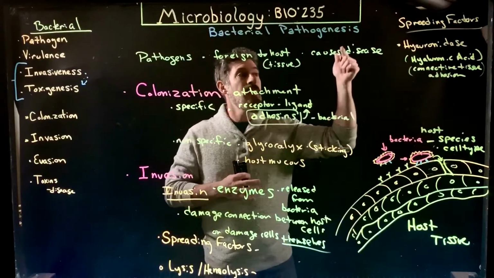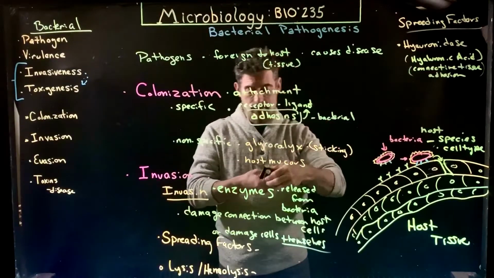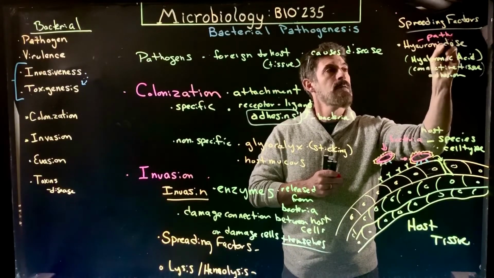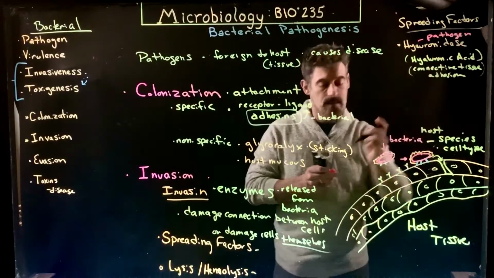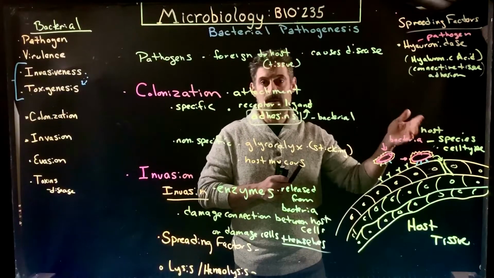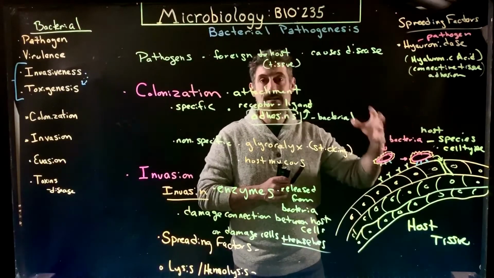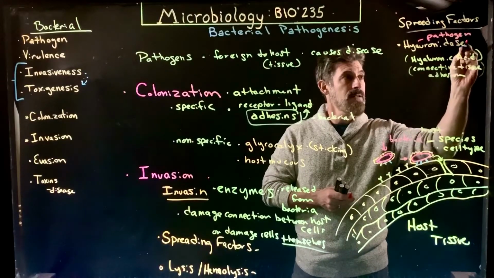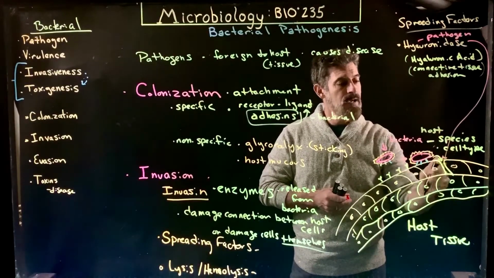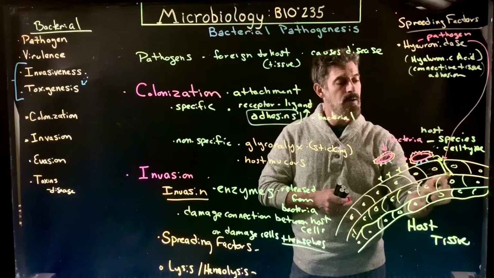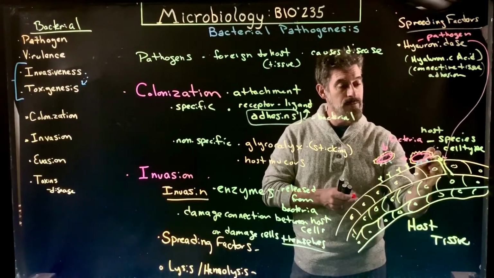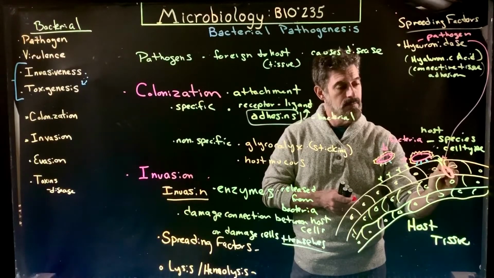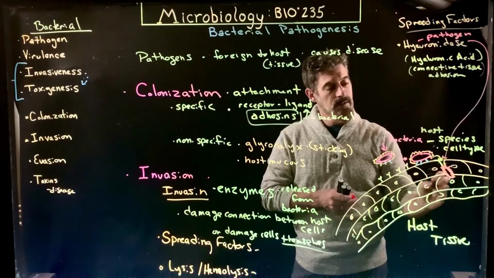This enzyme, hyaluronidase, is made by the bacteria, the pathogen, and it breaks down this substance that is connecting the cells together. So essentially the hyaluronidase has been released, and now these cells are broken apart, which allows the bacteria to invade deeper into the tissue.